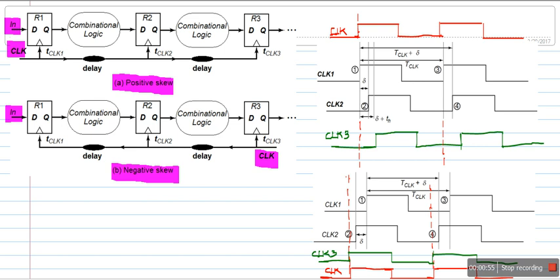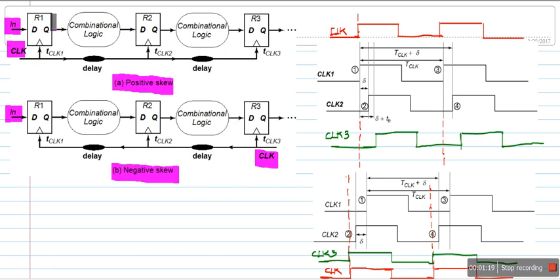Look at this positive skew circuit. It consists of registers and combinational logic circuits. Look at the clock signal, the main clock signal or global clock signal. In positive skew it is located at the left extreme, whereas in the case of negative skew it is located at the right extreme.